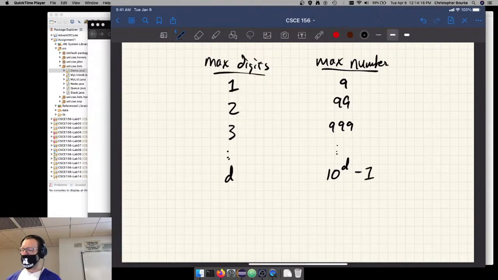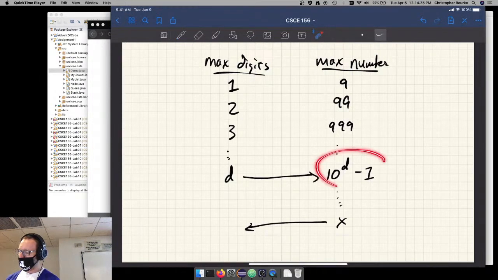Okay. Now, the max number, that was just x. I gave you d and you work this way. I'm giving you x and I'm asking you to work that way. All right? So we'll take this value and say that's equal to x, and we need to solve for d.